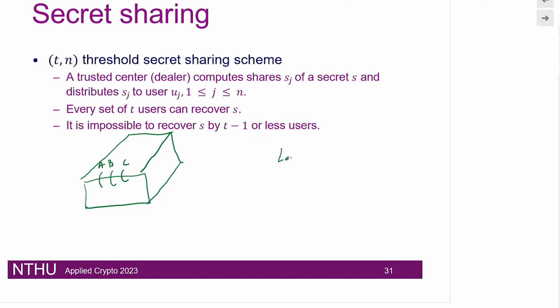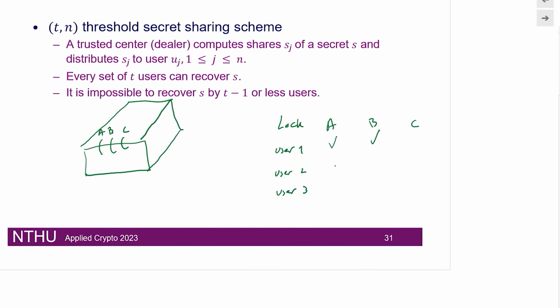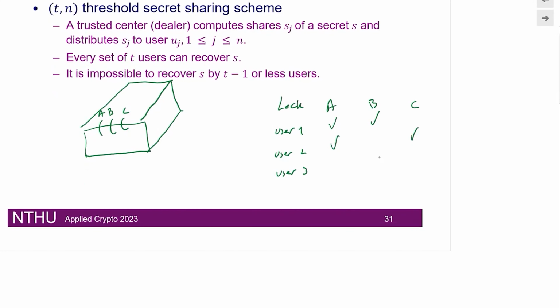So if you look at this logic over here, we have lock A, lock B, and lock C, and then you have user 1, user 2, and user 3. The whole thing is that if users A and B are there with their keys, then they can open the box. If users A and C are there, they can also open the box.